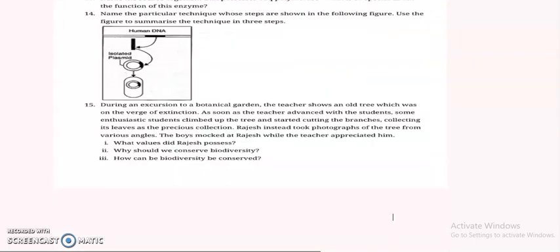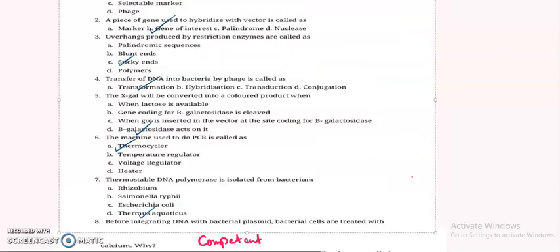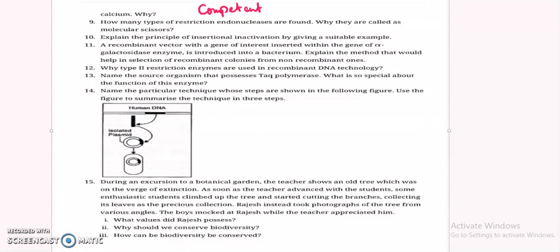Now we'll move on to the next one, and it is asking us, how many types of restriction endonucleases are known? So we know type 1, type 2 and type 3 endonucleases. Why are they called molecular scissors?